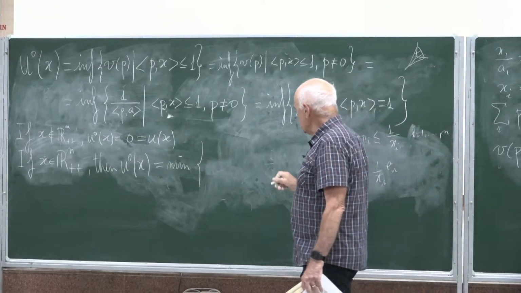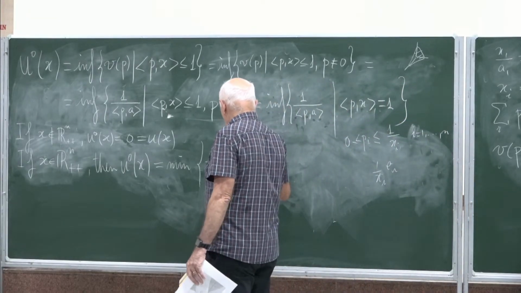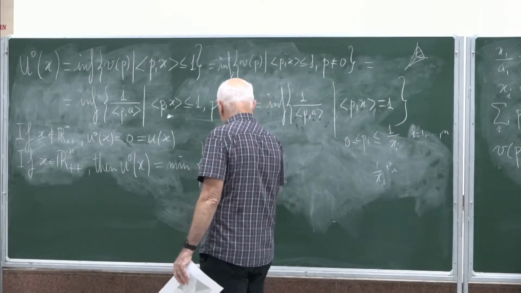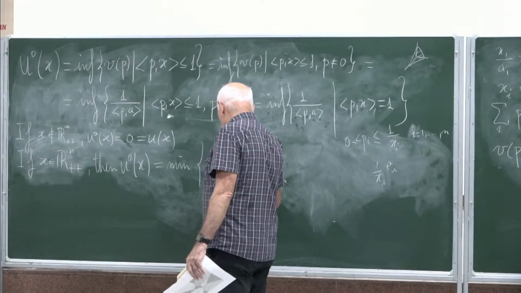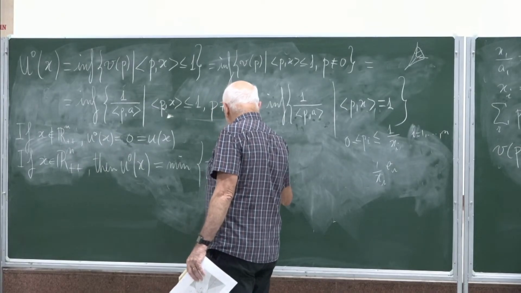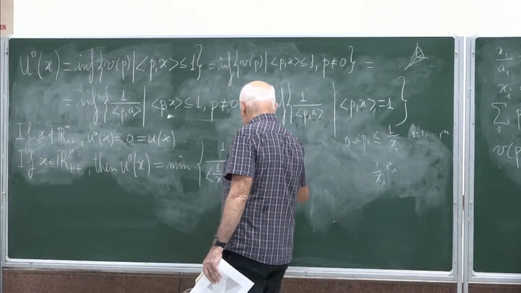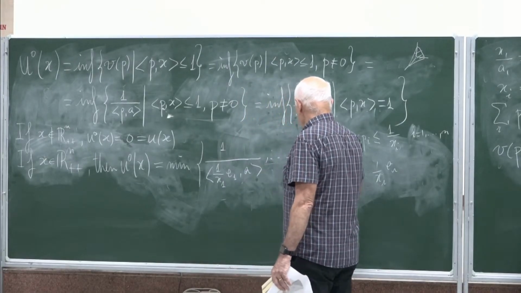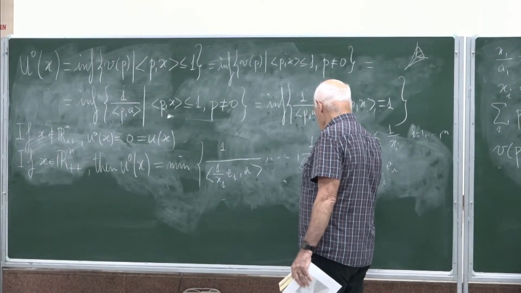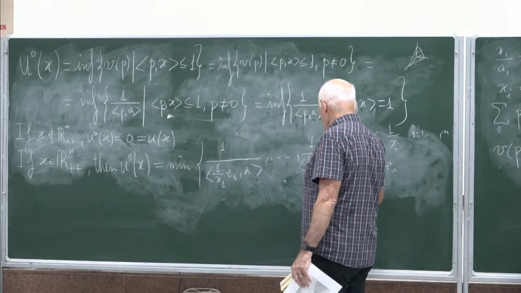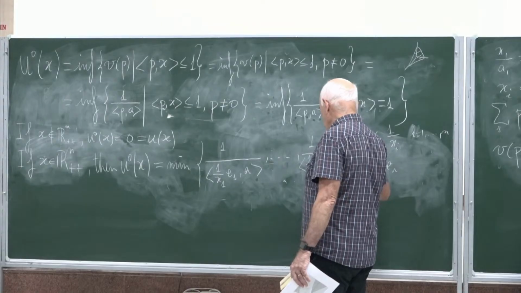Okay, so it's 1 over x1 e1 times a, up to 1 over xn en a.